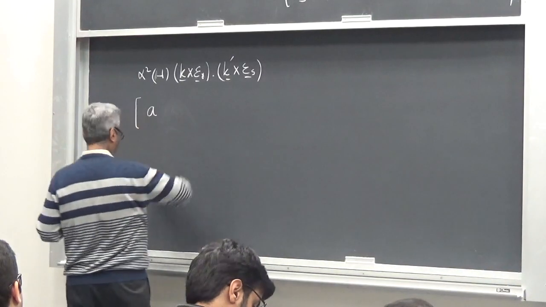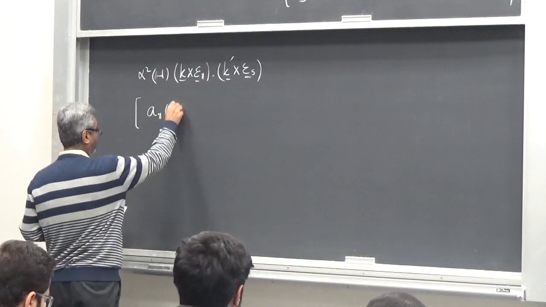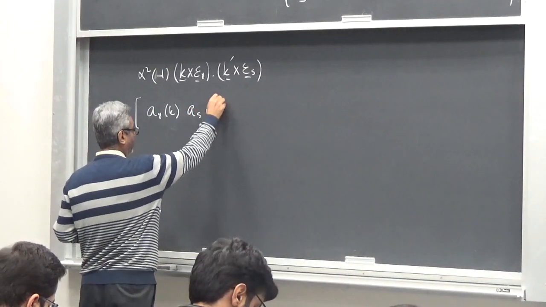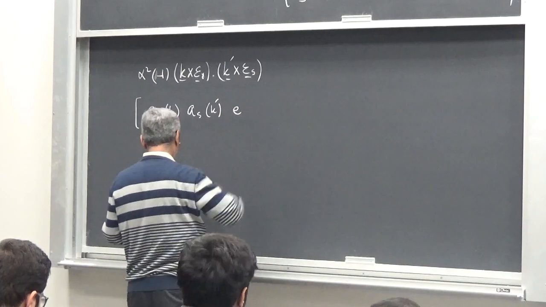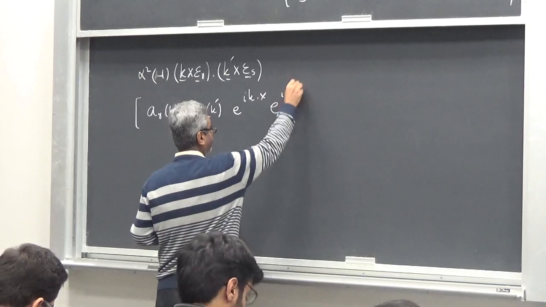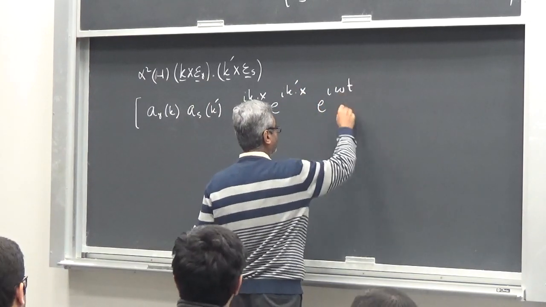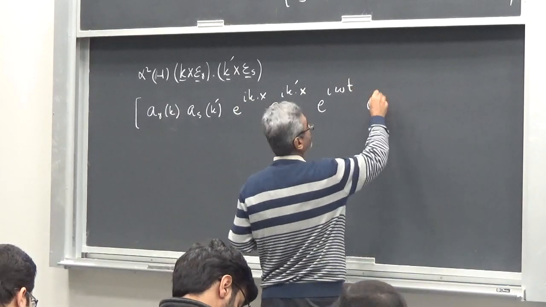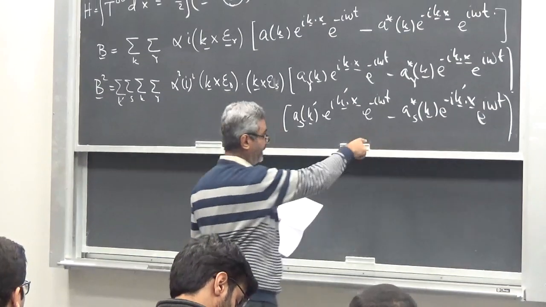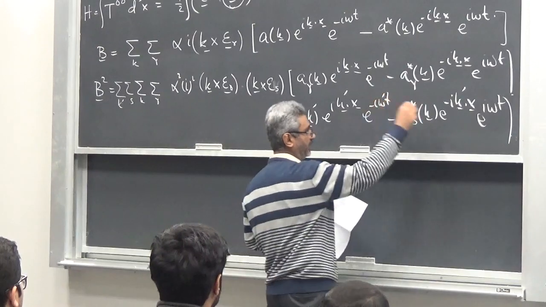You have an AR of k and an AS of k prime, and then e to the I k dot x, e to the I k prime dot x, e to the I omega t, and there is an e to the, by the way, there's another mistake here. This is also prime, right?